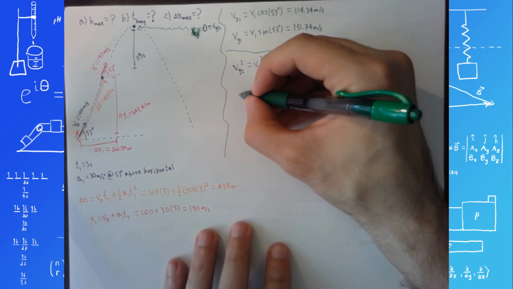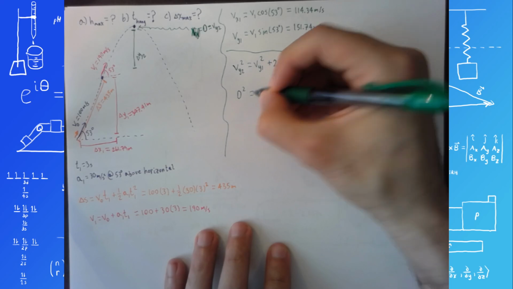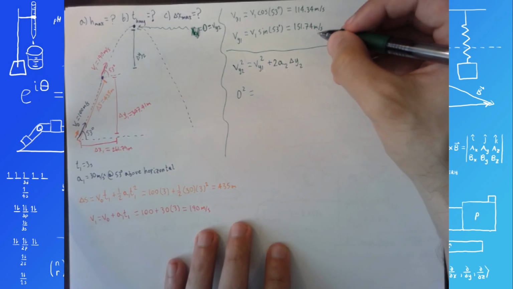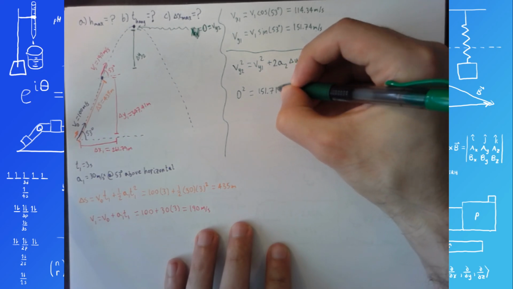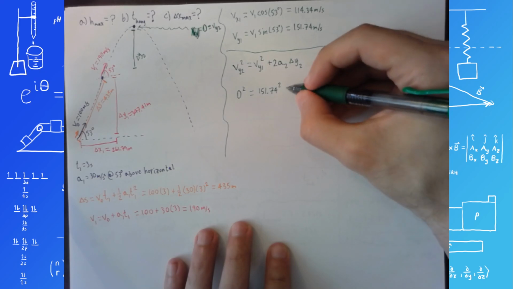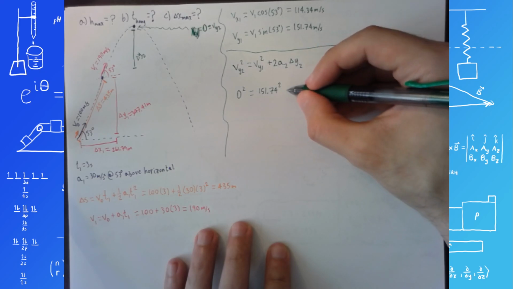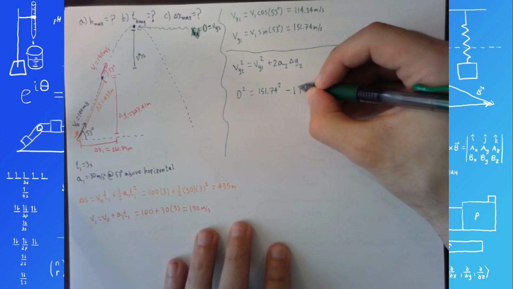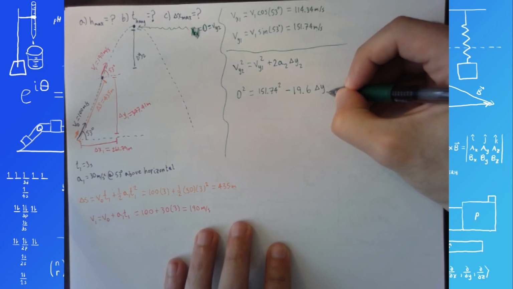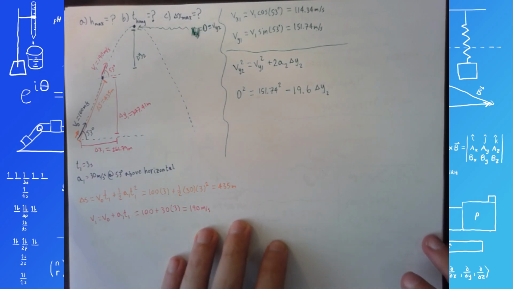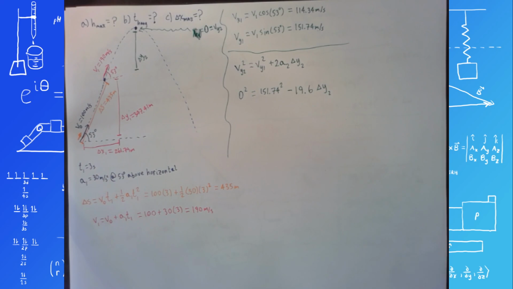So Vy2 squared, that's 0 squared, equals 151.74 squared, plus 2 times negative 9.8, that's negative 19.6, times delta y2. Add 19.6 delta y2 to both sides, and divide 151.74 squared by 19.6.